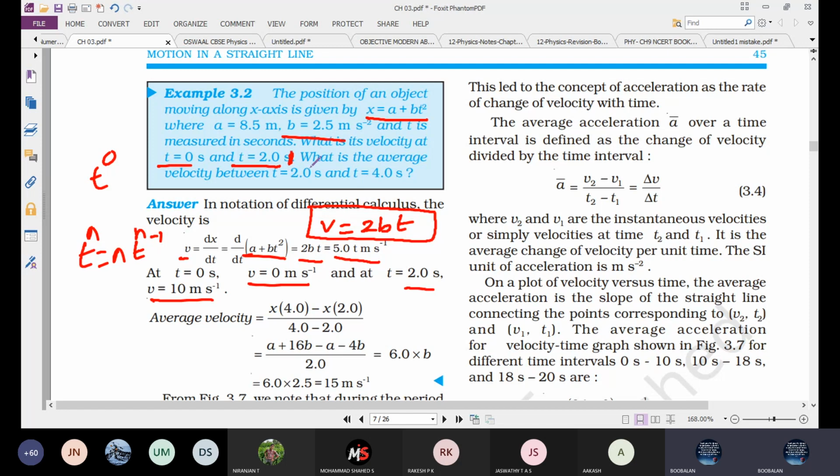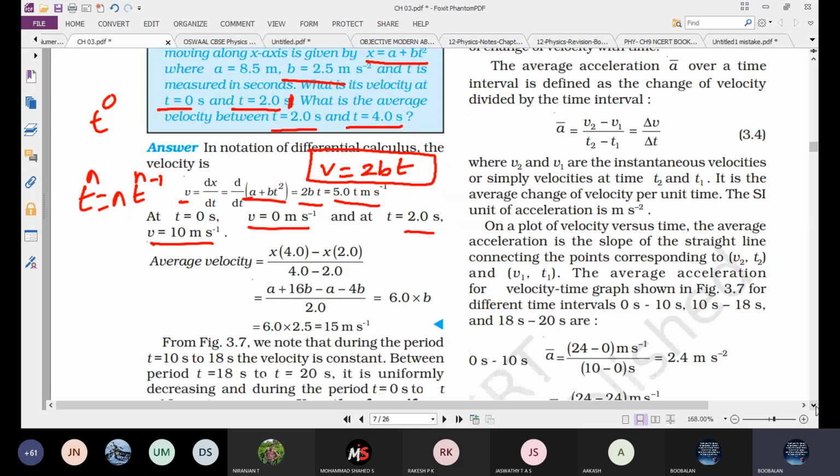Next question. What is the average velocity between t equal to 2 seconds and t equal to 4 seconds? They are asking the average velocity. Okay, in this condition, the time values t1, t2.